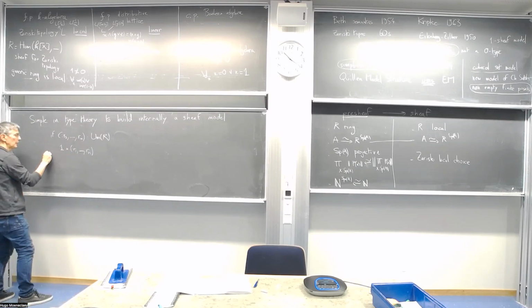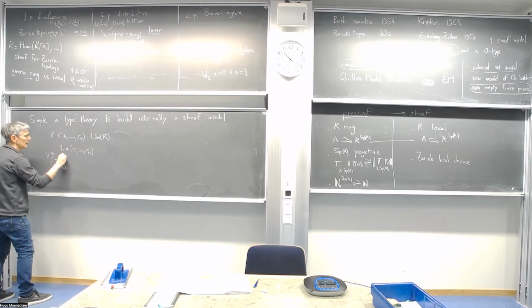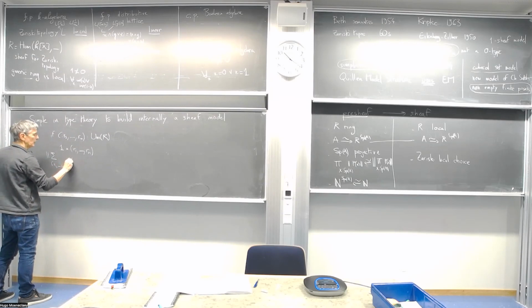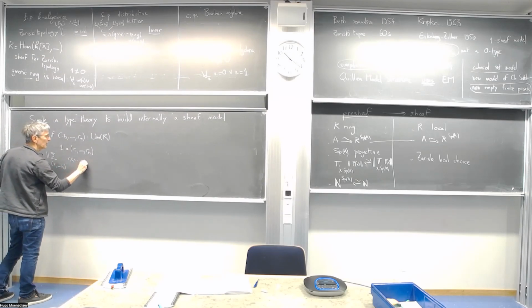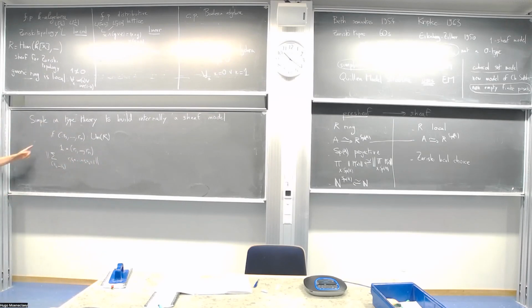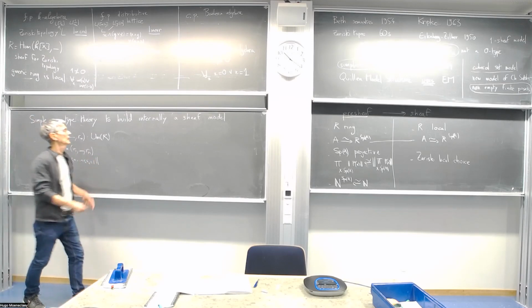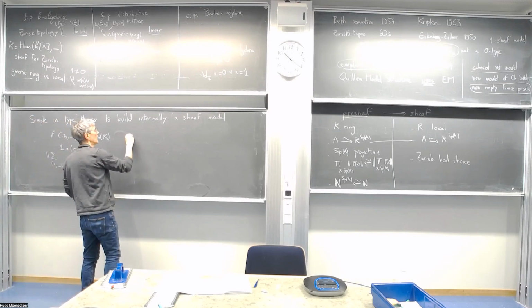So there exist s1 ... sn such that the sum of si ri is one, and to any vector like this, I associate the proposition.